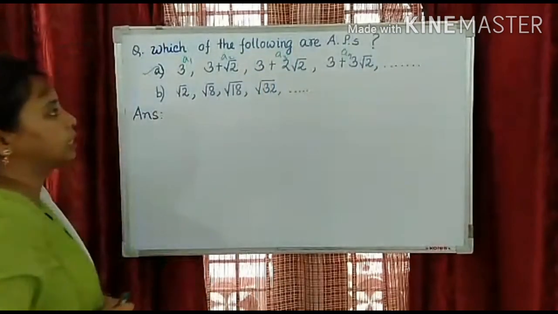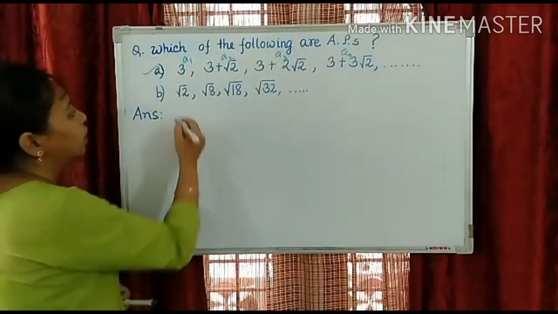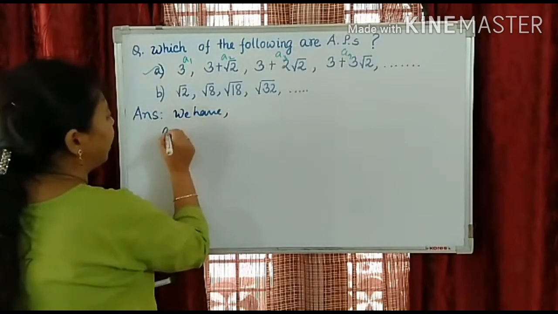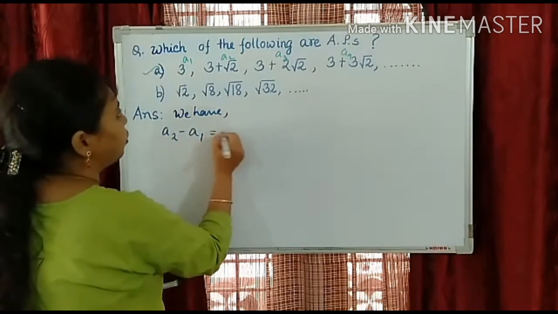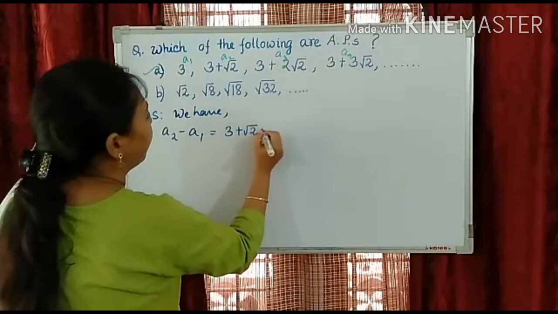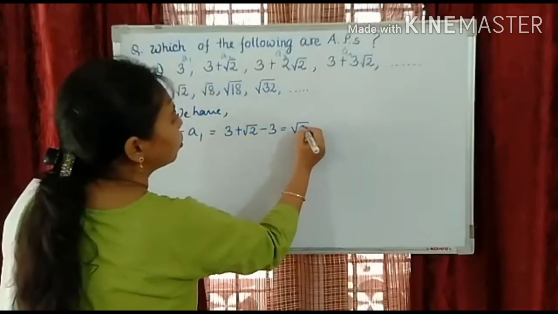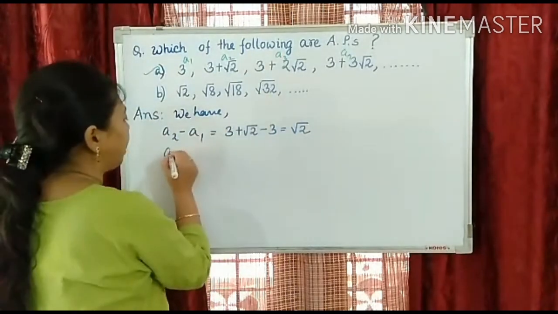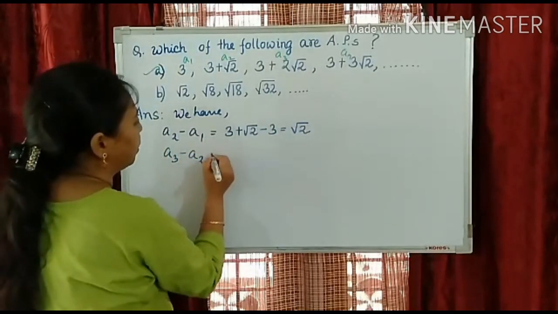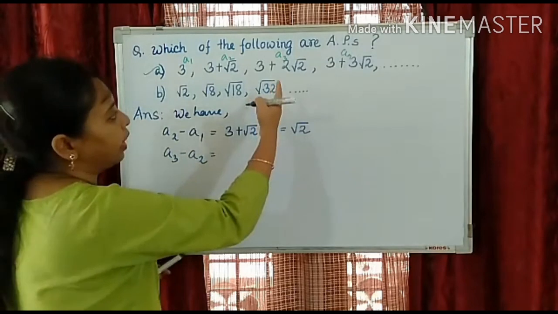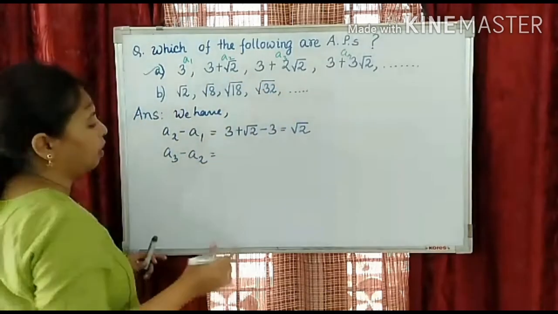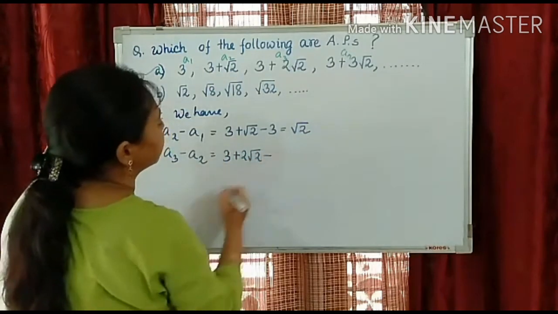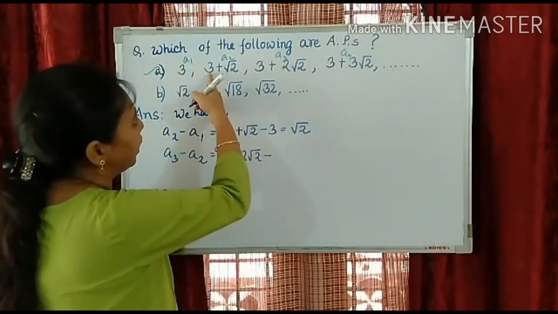So how to do this answer? You look. We have A2 minus A1. A2 means 3 plus root 2 minus 3, this is equal to root 2 after subtraction. Then A3 minus A2, that also you look, because if they are AP, then the difference must be the same. So it will be 3 plus 2 root 2 minus, in bracket, 3 plus root 2.